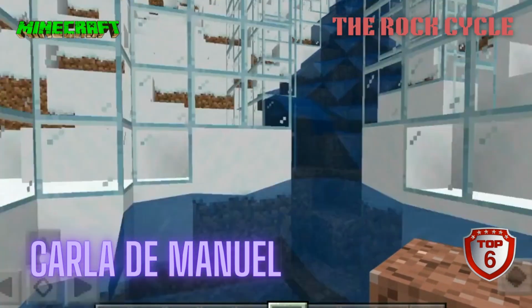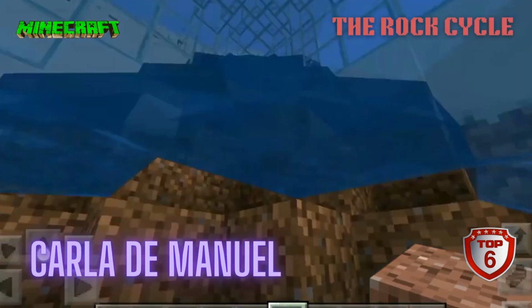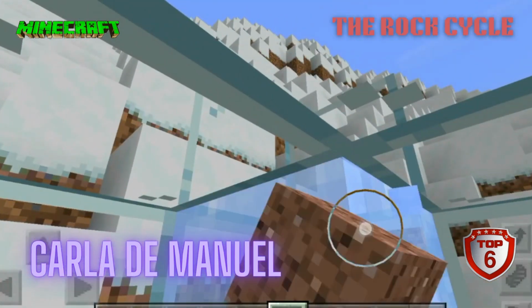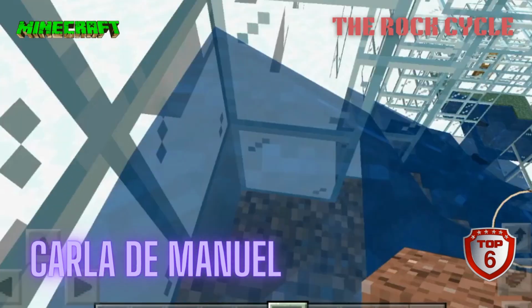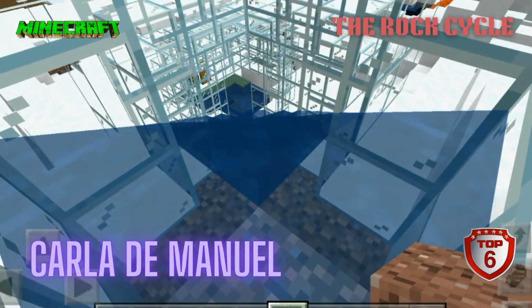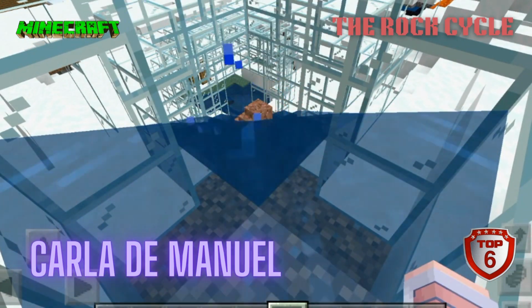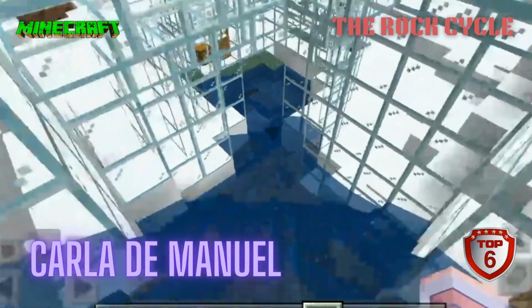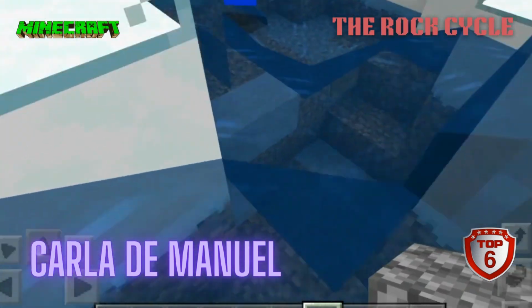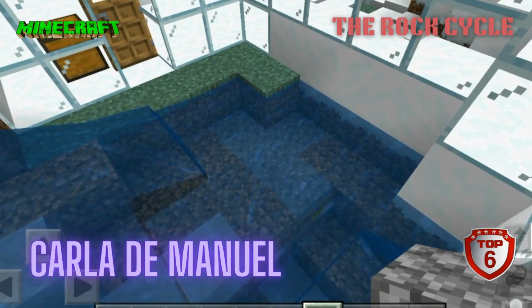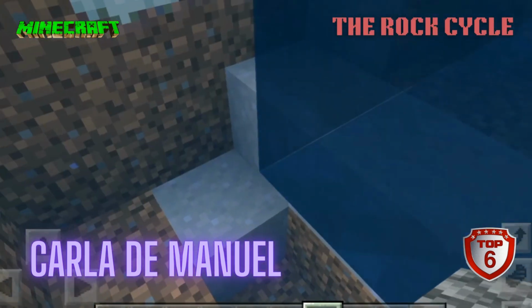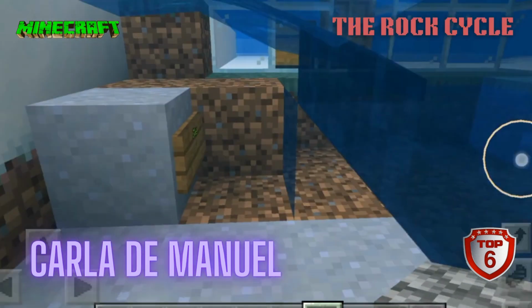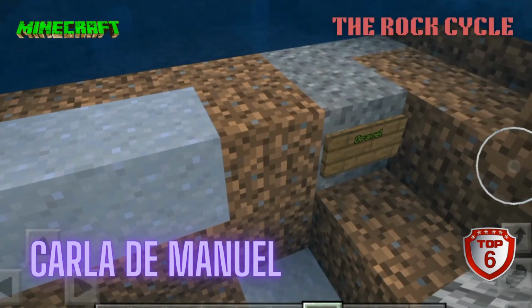If I go this way, at the top of the river, the sediments turn into gravel, and so the sediments of the cobblestone and granite will turn into clay and gravel.